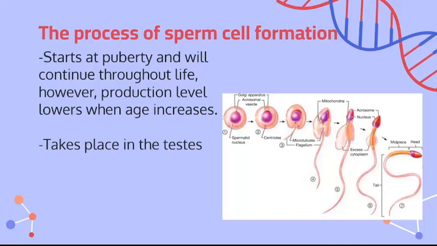This process takes place in the testes, and as you can see on the right, it slowly evolves: Golgi apparatus, all of these vesicles, and then it has this nucleus, and starts developing centrioles, this flagellum, and these microtubes.